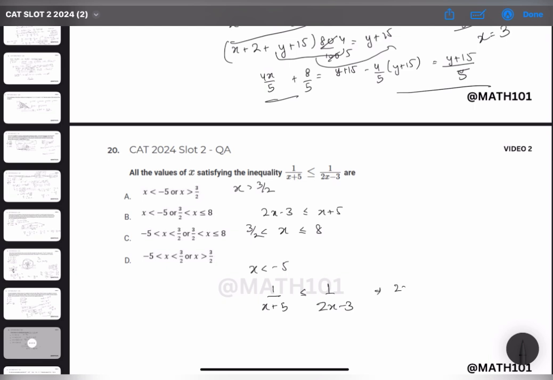So we get 2x minus 3 greater than equals to x plus 5, which will give us x greater than equals to 8, which is not possible because we have assumed x is less than minus 5.